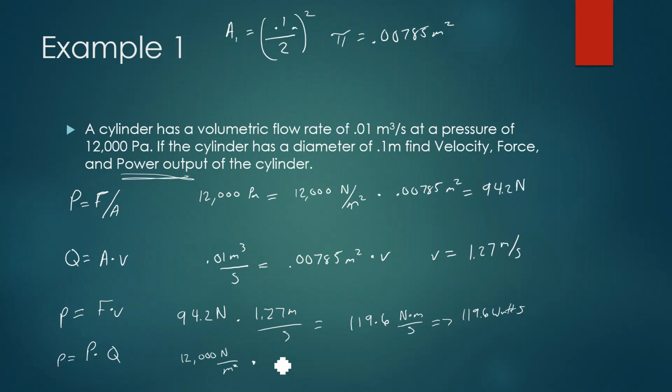We're going to multiply this by our volumetric flow rate, which is 0.01 meter cubed per second, and we get 120, and that is in Newton meter per second, and of course that goes to 120 watts. These two are the same, just rounding error.